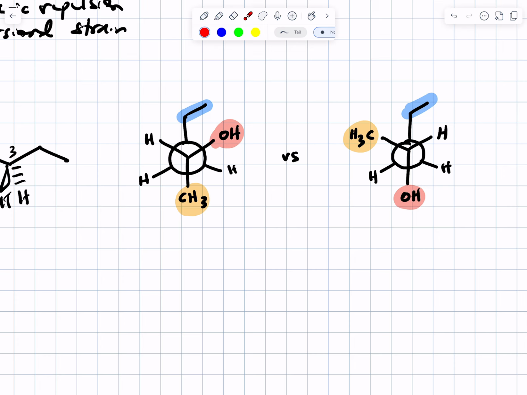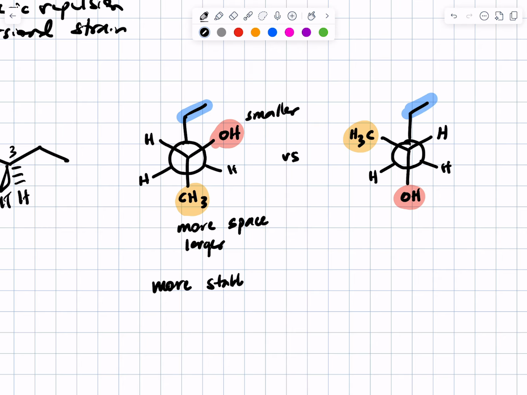So it's probably a decent assumption that the methyl group takes up more space than the OH group. So you would want to keep the larger things anti to each other. This would be less stable because the two things that are biggest on both carbons are gauche to each other.